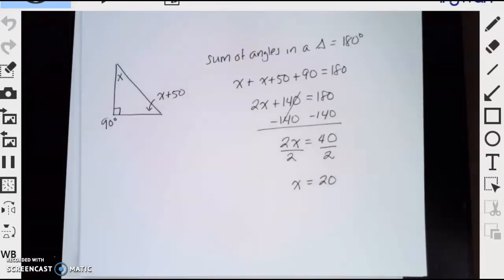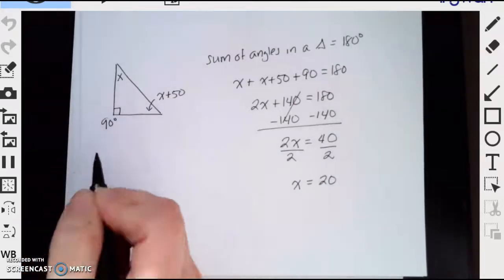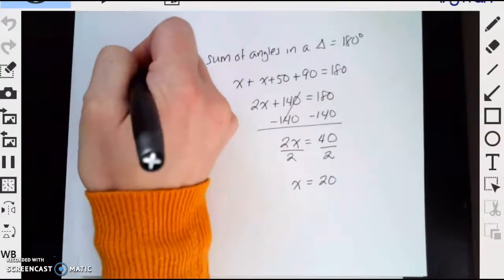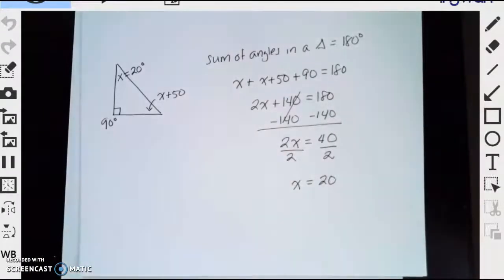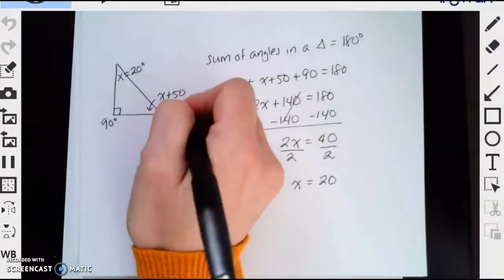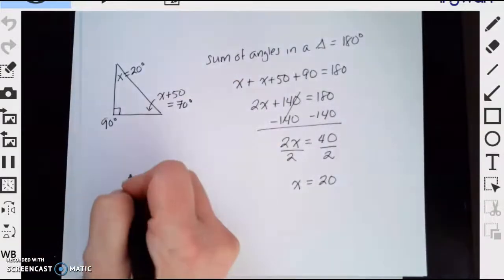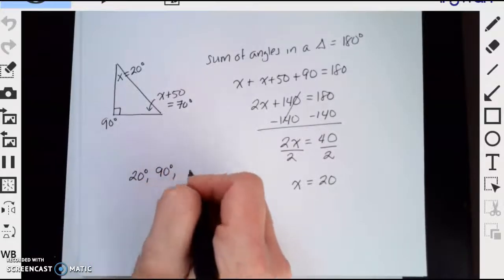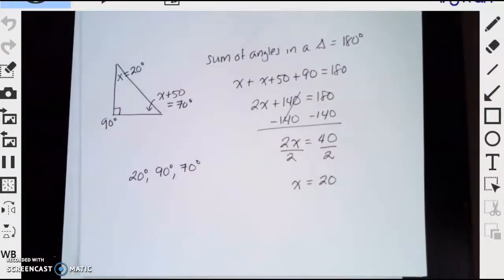So I could use my picture here. I already know that one of the angles is 90 degrees because we were told we had a right triangle. We just found x, so that angle is 20 degrees, and x plus 50, 20 plus 50 is 70 degrees. So the angles are 20 degrees, 90 degrees, 70 degrees. And it doesn't matter what order you list them in, unless it tells you to write them in a specific order.